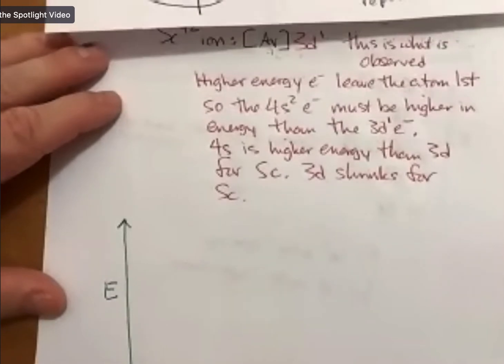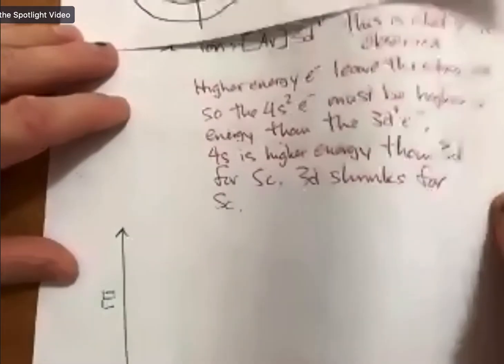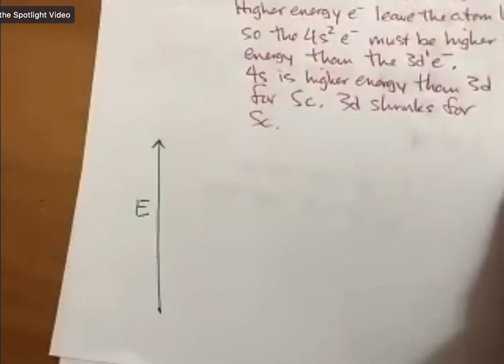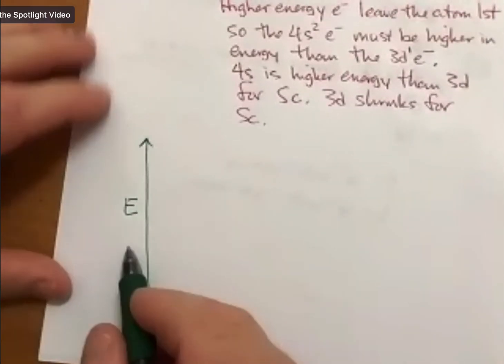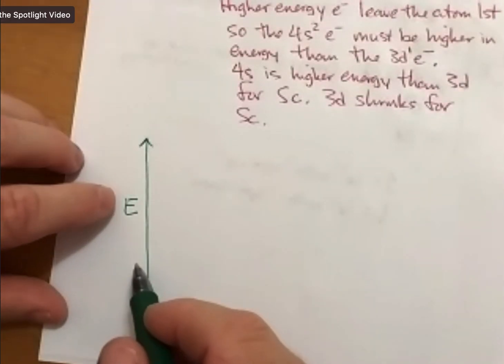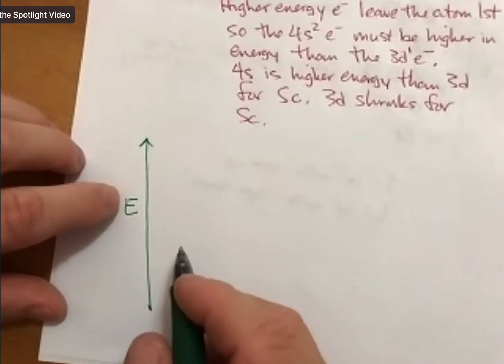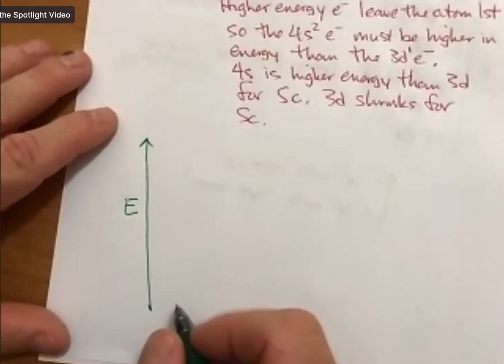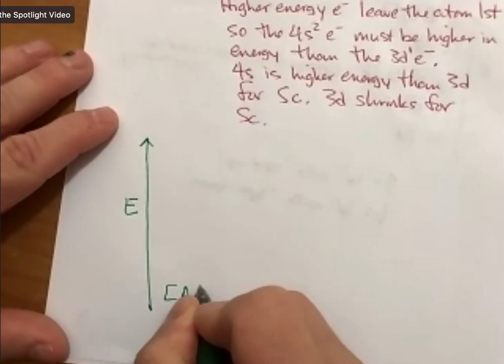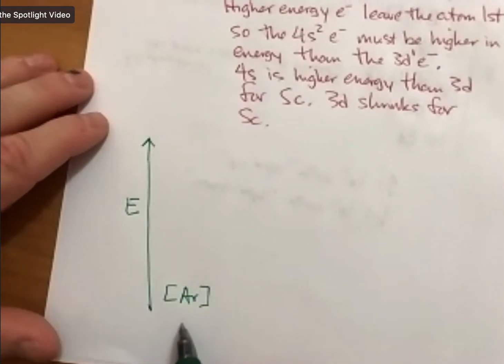Orbital energy diagrams always look like an energy arrow on the left. And by the way, we've drawn last homework energy arrows for ladder diagrams as well. So there is a common theme here with energy. We have the first 18 electrons for argon.